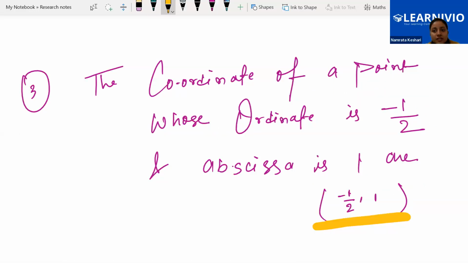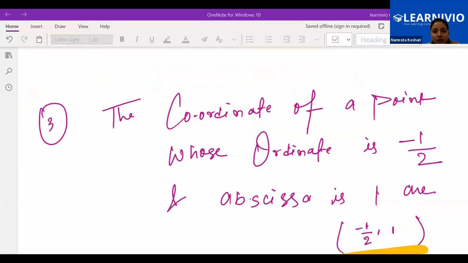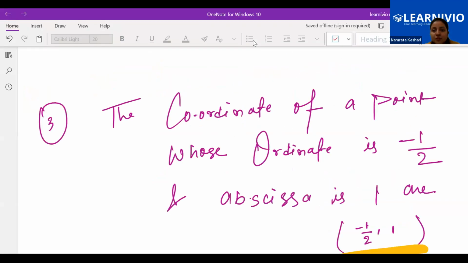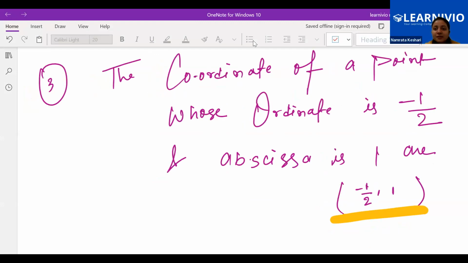Ma'am, it will be false, because ordinate is y and abscissa is x. Okay. Excellent. Saad and Bharti, these two students are saying it is false. Rest of the students, please vote for true or false. False. Ma'am, false.